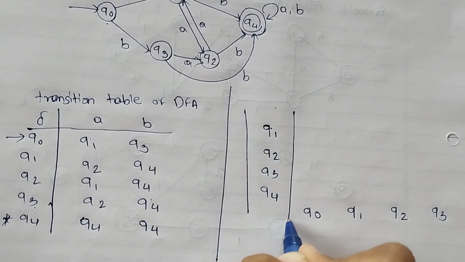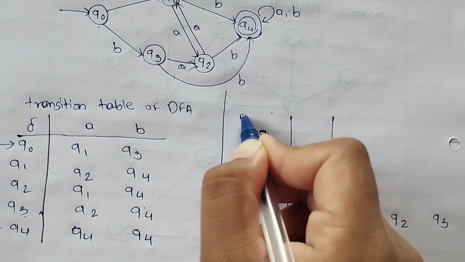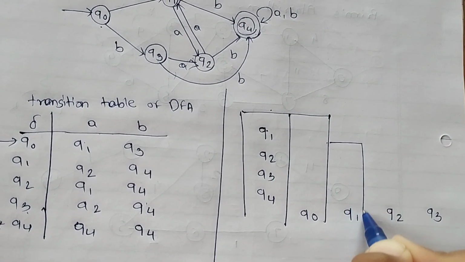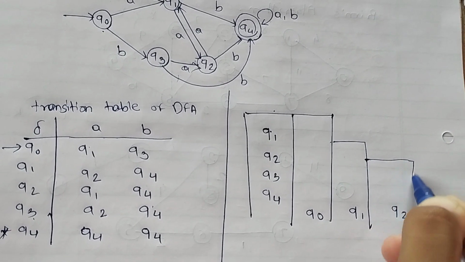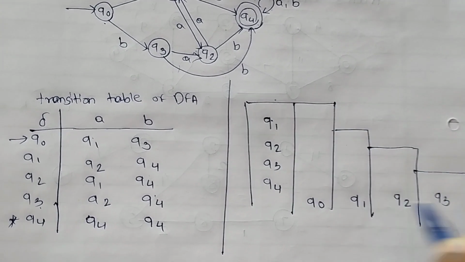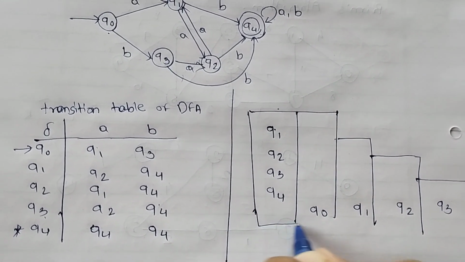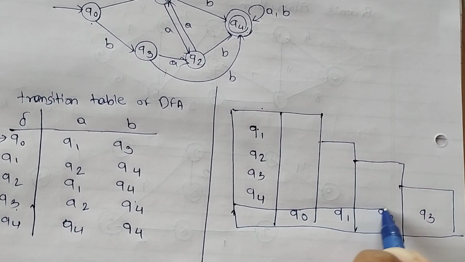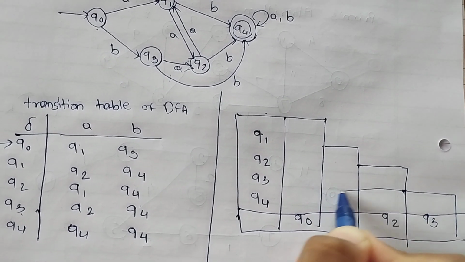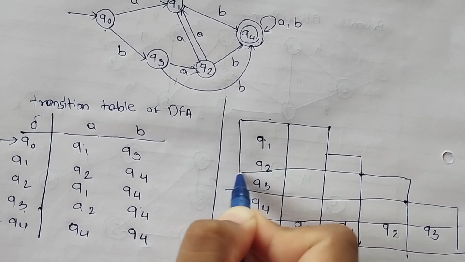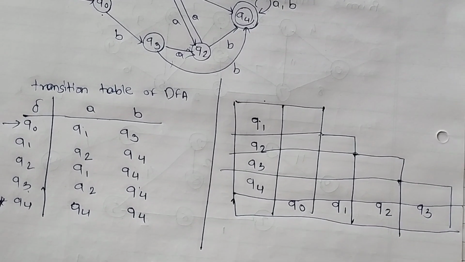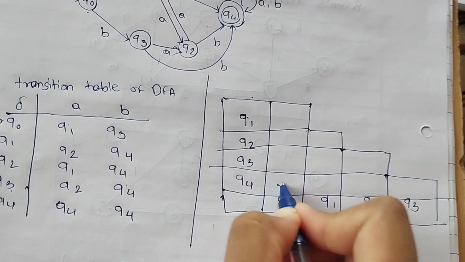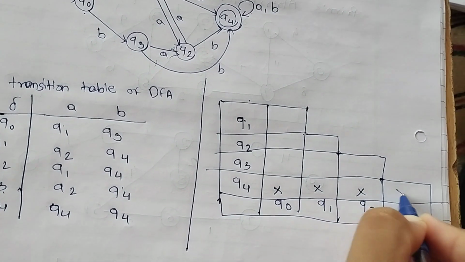Now draw the table. Now Q4 is the final state, so cross all the row of Q4.